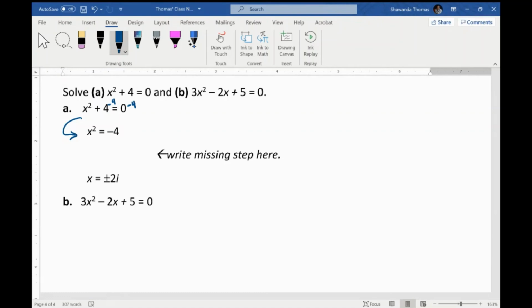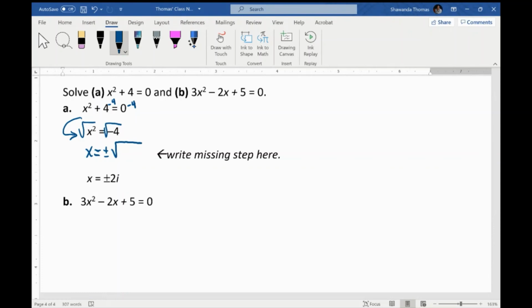x squared equals -4. But we haven't solved for x just yet because it's x squared. What will be the next step? You square root both sides. That's how you're going to get the x equals plus or minus. But let's break down -4.